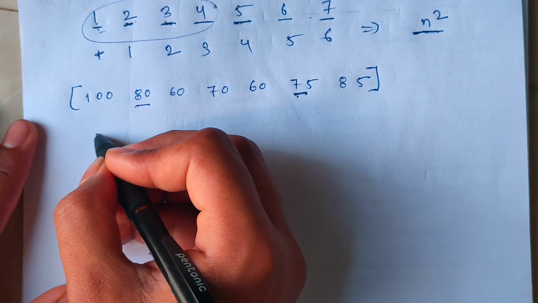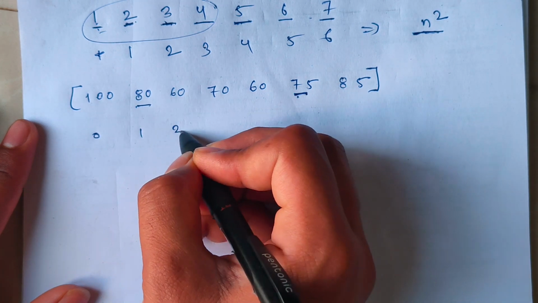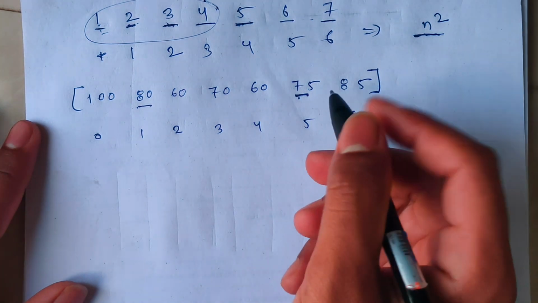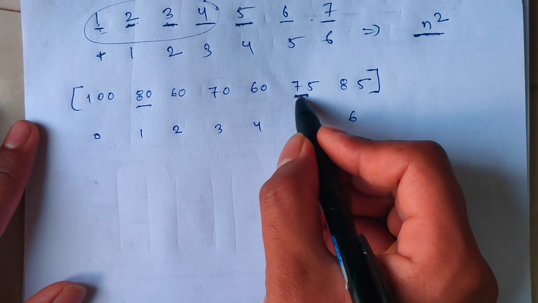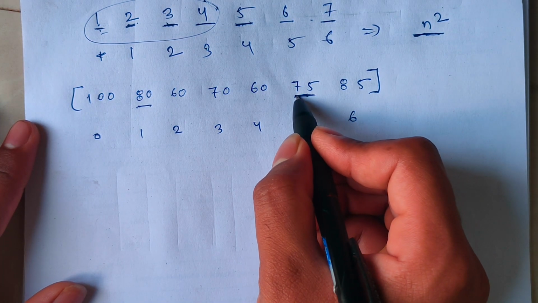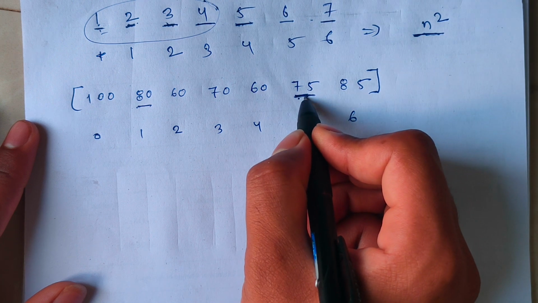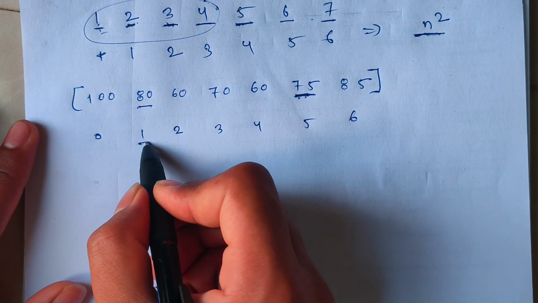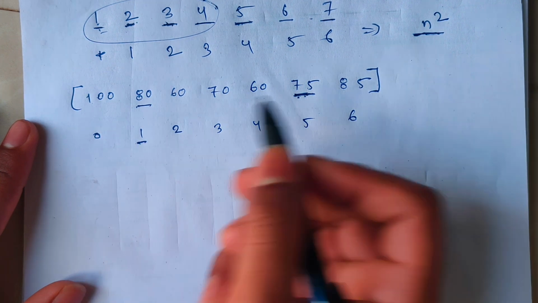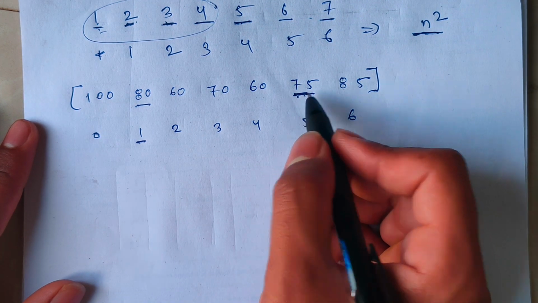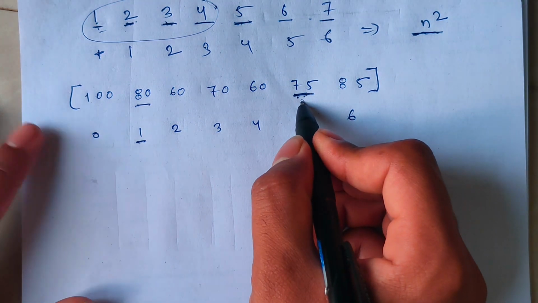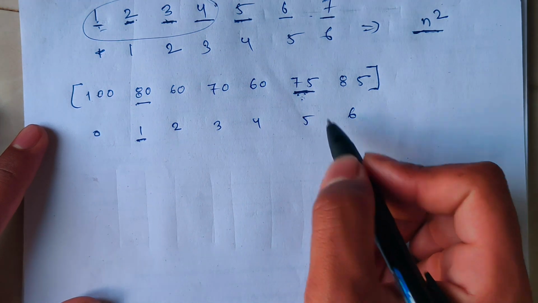Suppose the indexes are 0, 1, 2, 3, 4, 5, and 6, and now if 75 would know that the greater element is residing on the position of 1, then he could get the total elements which are less than or equal to 75.